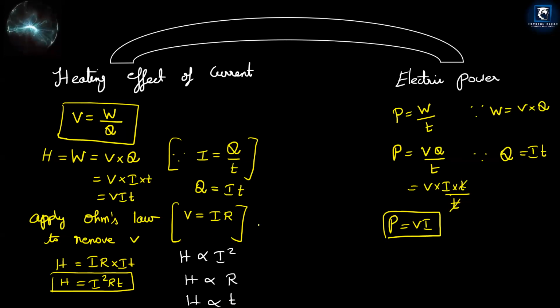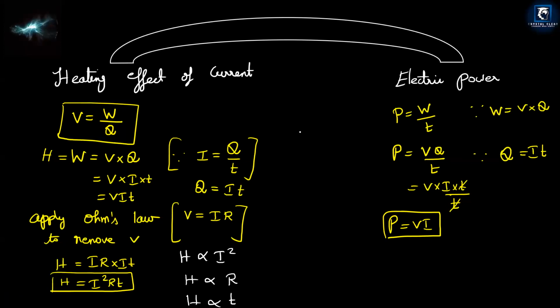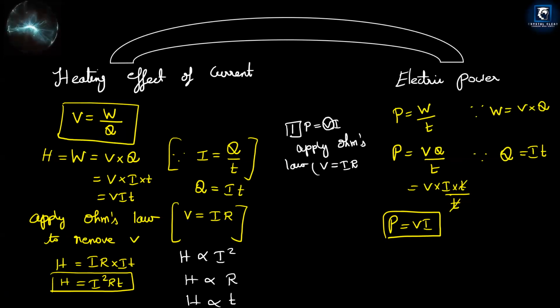And we are going to relate it with Ohm's law and derive the other ones. So check that one with Ohm's law. The same thing, P is equal to VI. I'm going to apply Ohm's law, that is V is equal to IR. So instead of V, if I use this one, it will become P is equal to I square R. Then number 2, same, P is equal to VI.